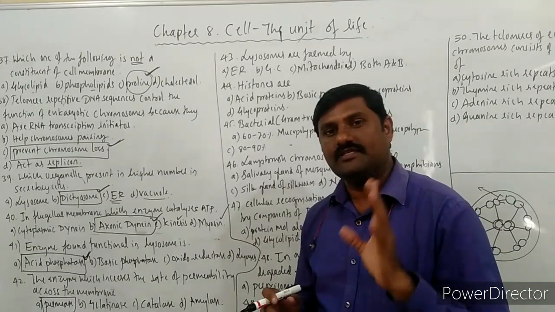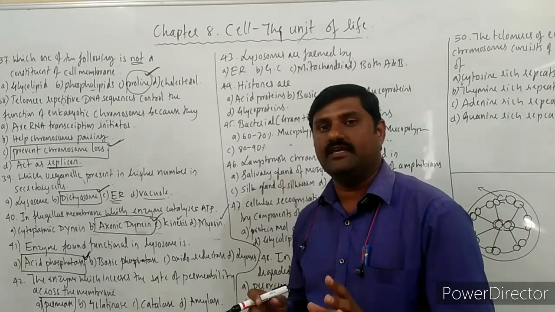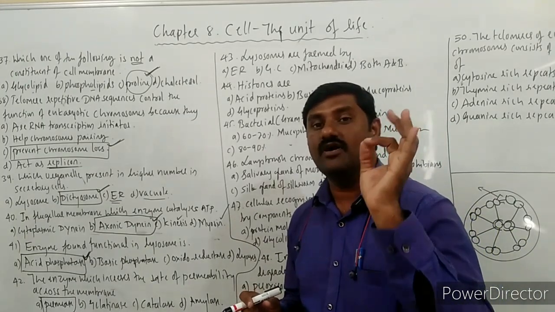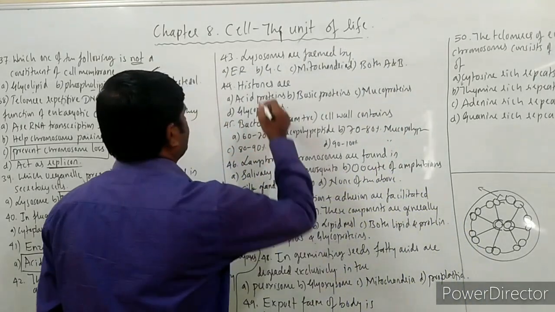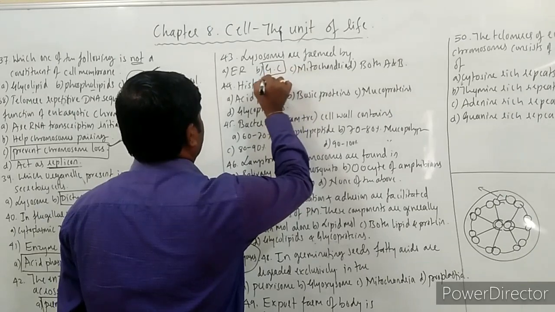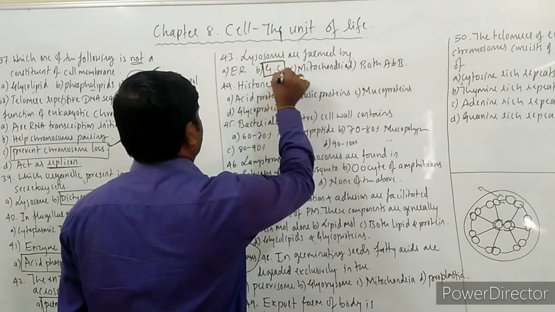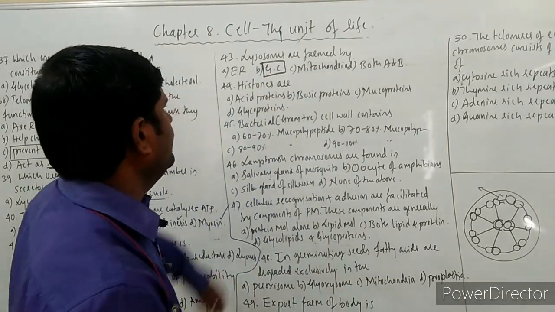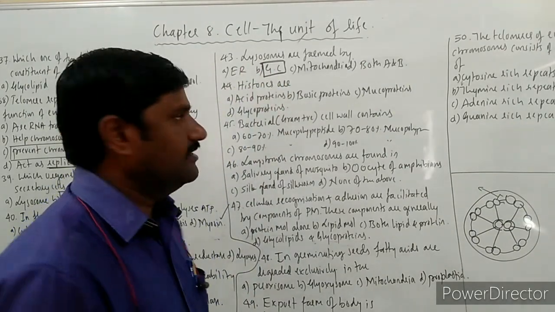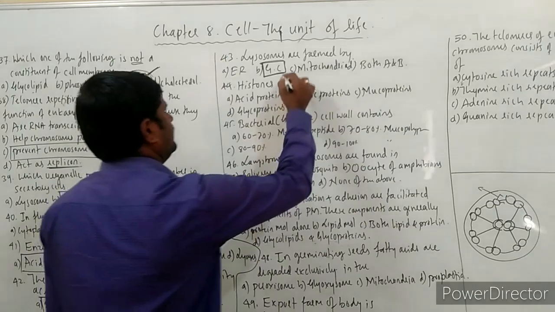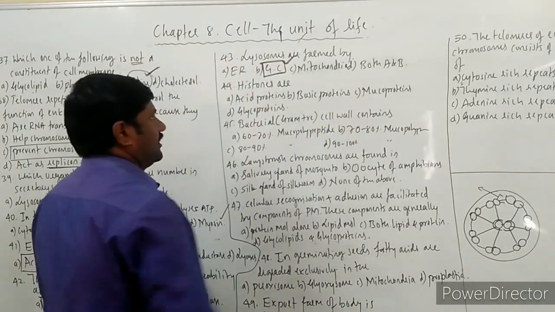So these lysosomes are basically formed from the vesicles of the Golgi complex. Since it is secretory in nature, it fills some hydrolytic enzymes within the vesicle that forms the lysosome, right? So the correct answer for this one is Golgi complex.